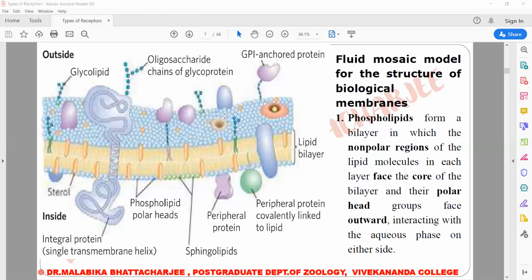And further, the protein molecules are free to move in the bilayer, hence the fluidity. So it's the fluid mosaic model. Fluidity because the proteins and lipids can move in the plane of the layer. Mosaic because the proteins are dispersed in the membrane, giving it a very mosaic appearance.